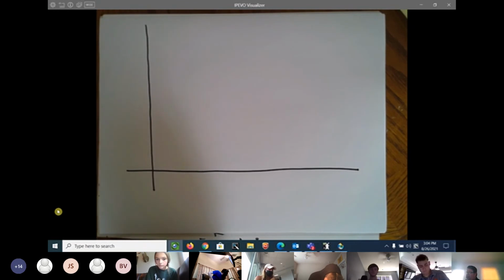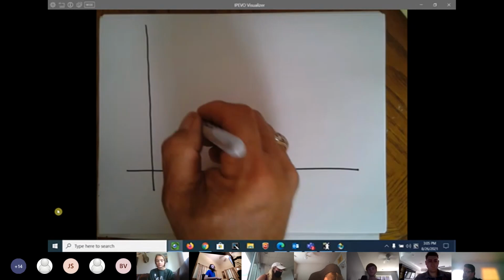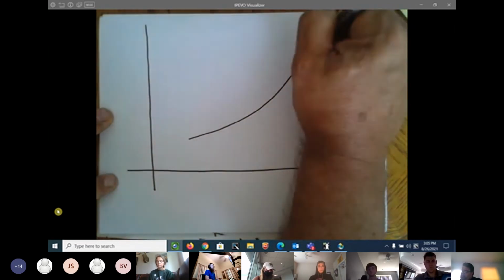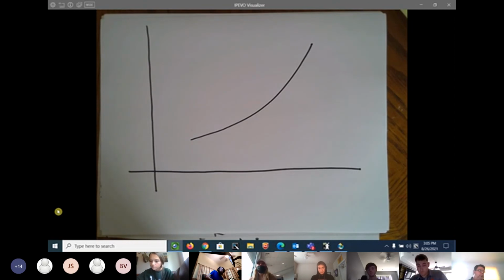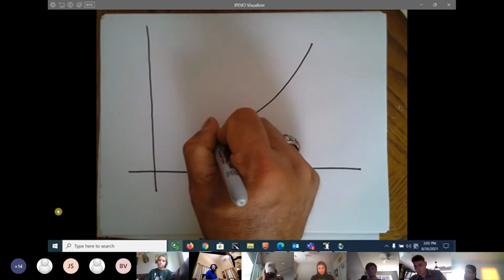So I'm going to draw a curve. And it looks like that. And I'm going to take a red colored marker. And I'm going to draw a dot right here.